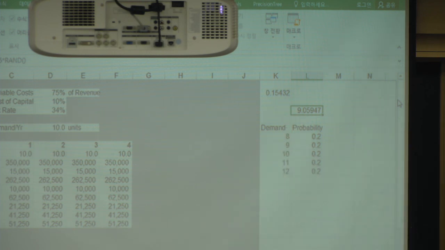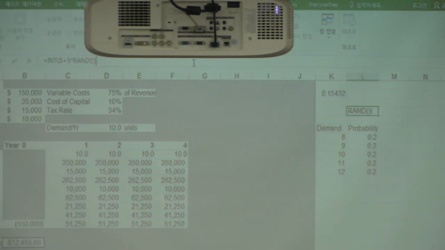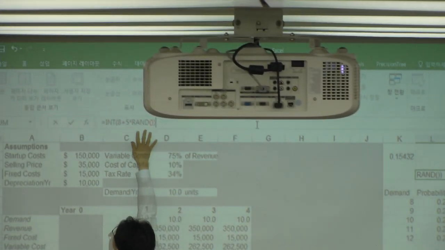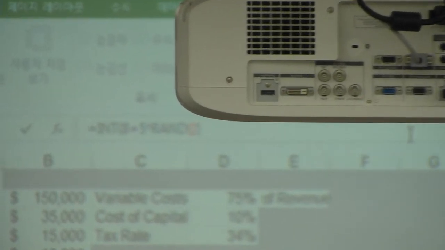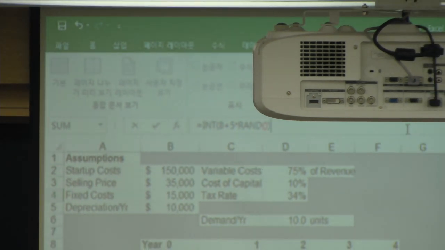So I want to use another technique, which is I put int. So int means integer. Whatever number I have here, if I put int, I ignore the decimal points, and I just derive the integer portion of this whole thing.